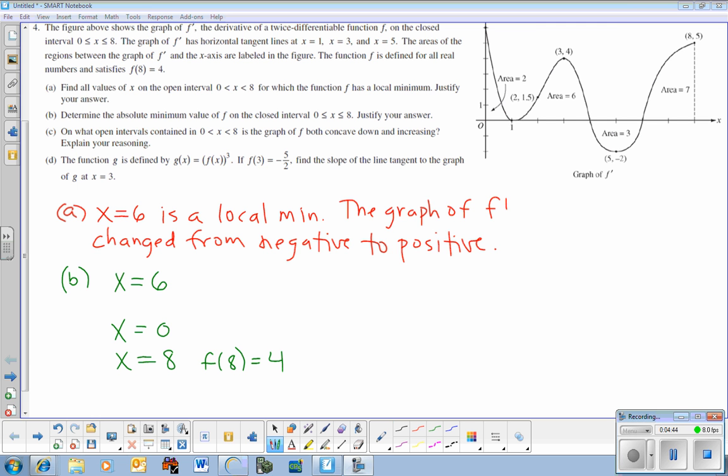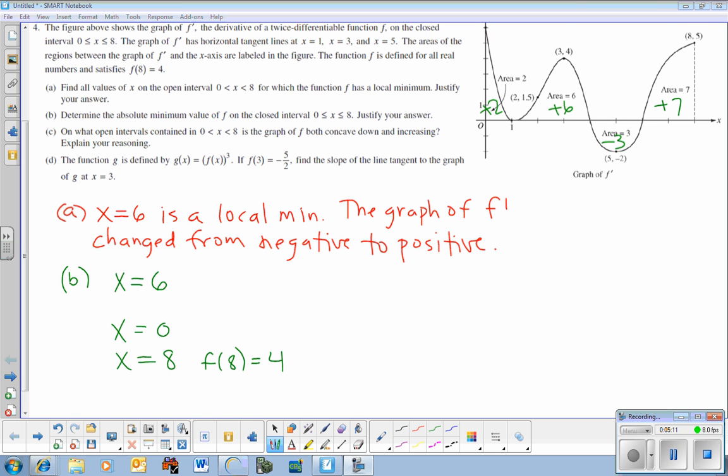If we were to start at 0, everything above the axis is accumulating positive area. So on our way from 0 to 8, we have a plus 2, a plus 6, a minus 3, and a plus 7. And that's a difference, let's see, 30, 40, 15, that's plus 12. So in moving from 0 to 8, we accumulate 12 units of area.